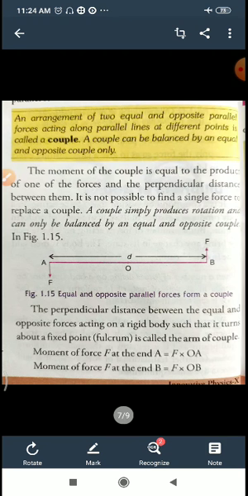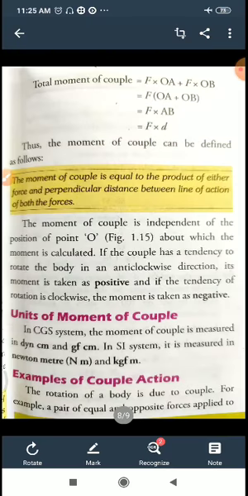The perpendicular distance between the equal and opposite forces acting on a rigid body, such that it turns about a fixed point or fulcrum, is called the arm of the couple. So, the moment of force F at end A is equal to F into OA. The moment of force F at end B is equal to F into OB only. So, the total moment of the couple is F into OA plus F into OB.